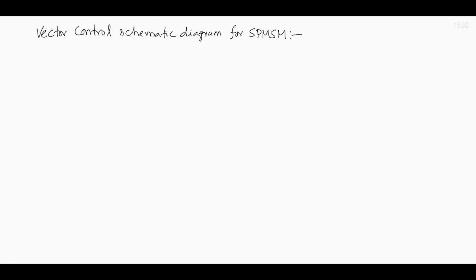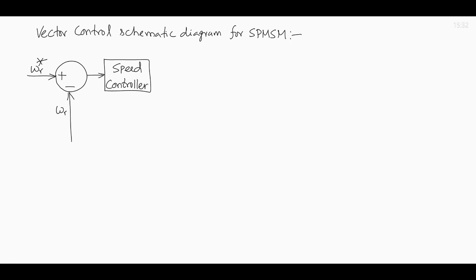So, in the schematic diagram, we have the reference speed omega r star minus actual motor speed omega r compared, and this goes through a speed controller, and the speed controller output is plus or minus IQS star.